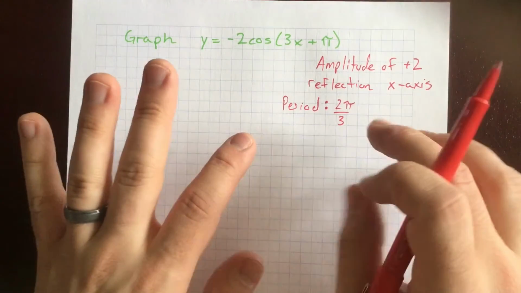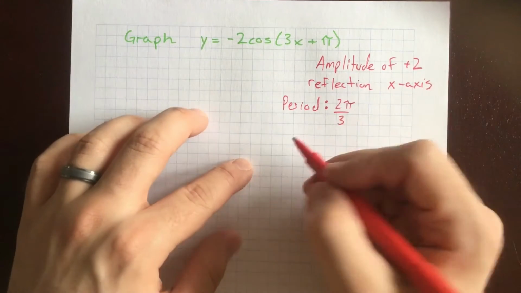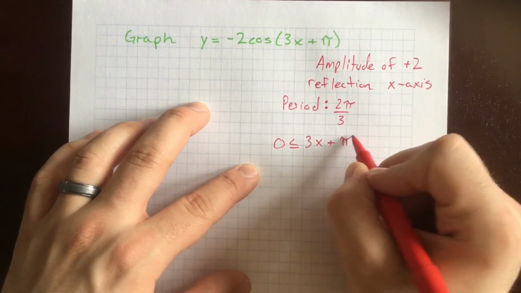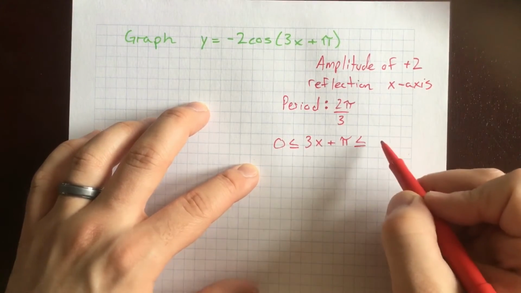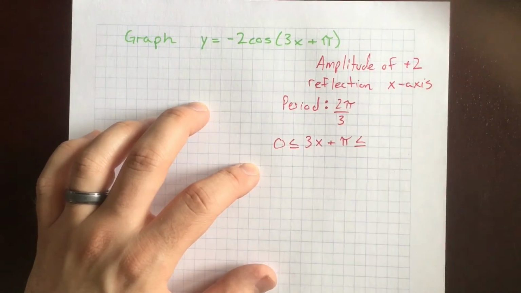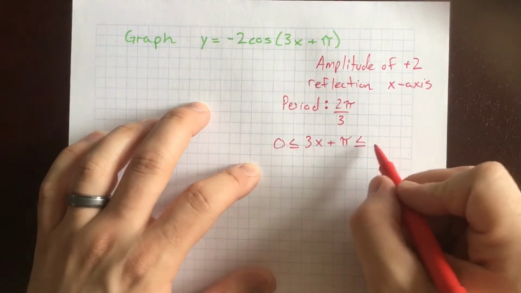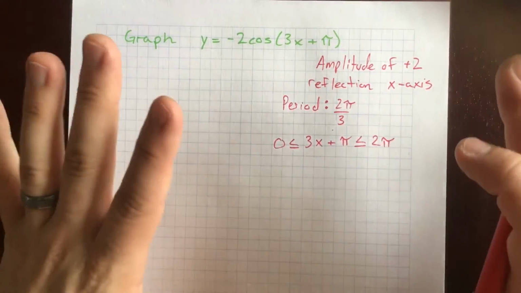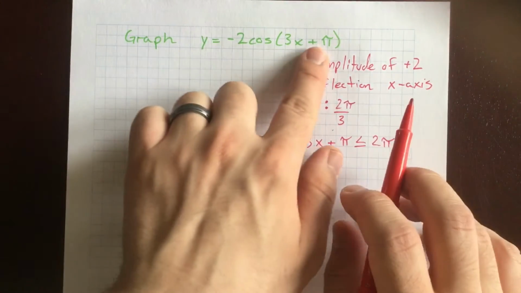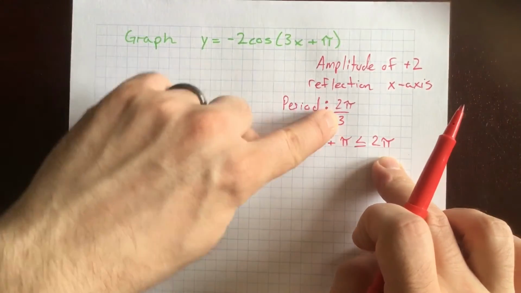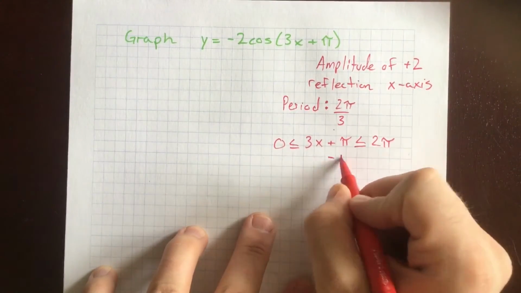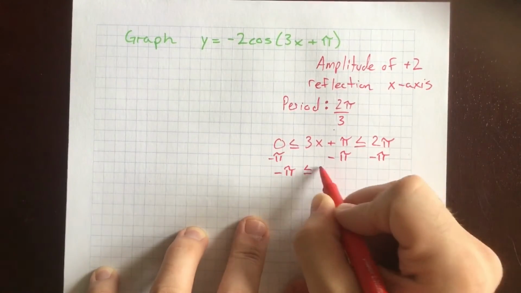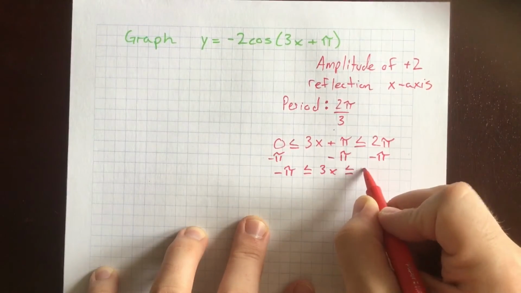When I do this next portion, I'm not going to place 2 pi over 3 here, but rather I am going to place 2 pi. Our period's not 2 pi, but when solving this, it will correct itself, okay? So we will always be placing this between 0 and 2 pi, even if our period is different. So first of all, we subtract pi, which gives us negative pi and positive pi.